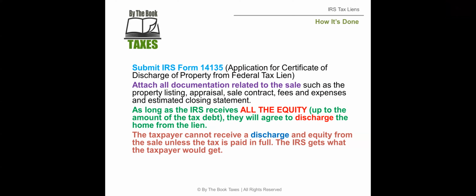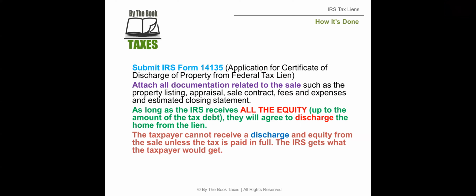You include with the form all the documentation related to the sale: the appraisal, the property listing, the contract, the fees and expenses, an estimated closing statement, and anything else you have that documents the sale, the mortgage, and the amount of equity that you will get, whether that's zero up to the amount of the IRS debt.